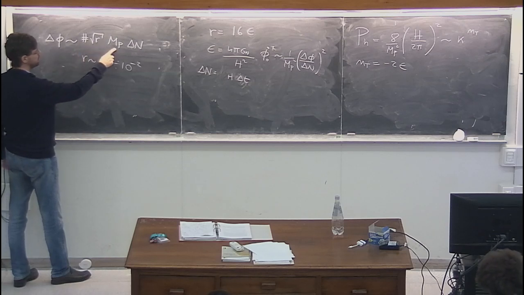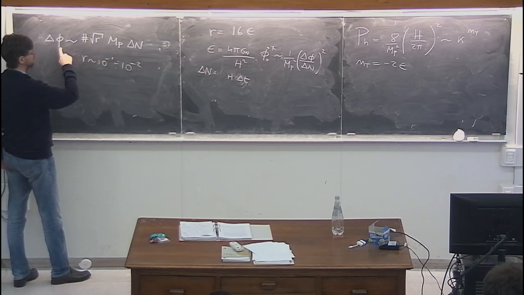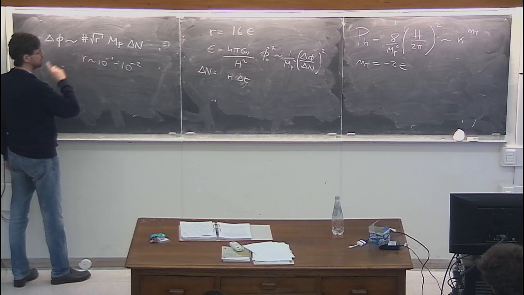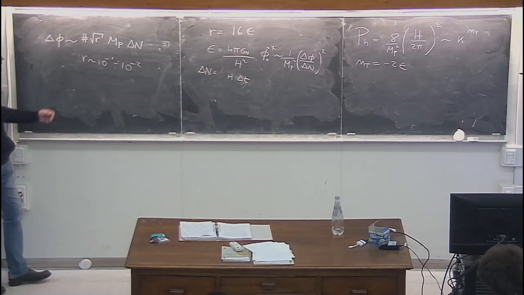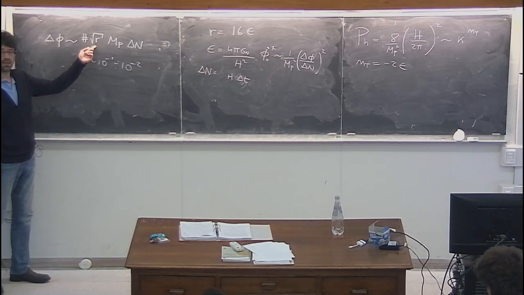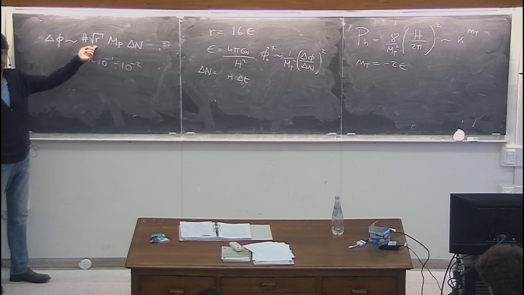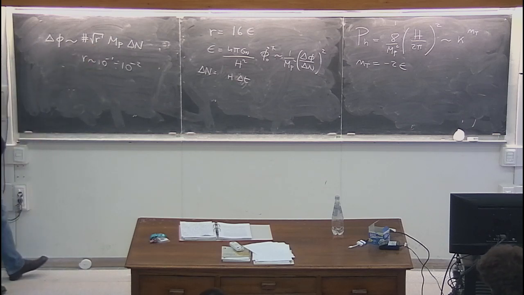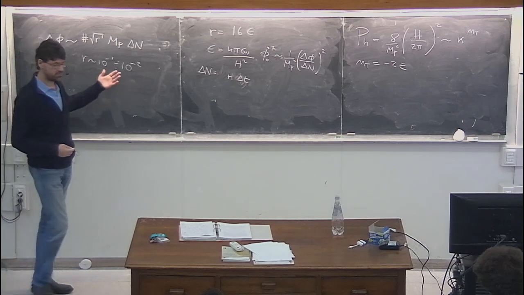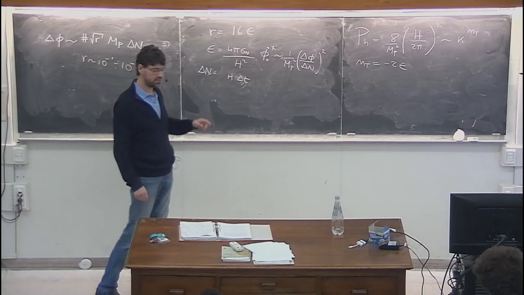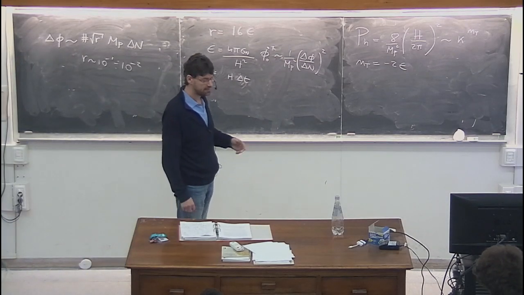So you see from here that I learn that the excursion of the field, in order to have enough tensor modes to be measured, has to be of order of M Planck. So this is a relation that you can find in single field models of inflation, and is a generic one.